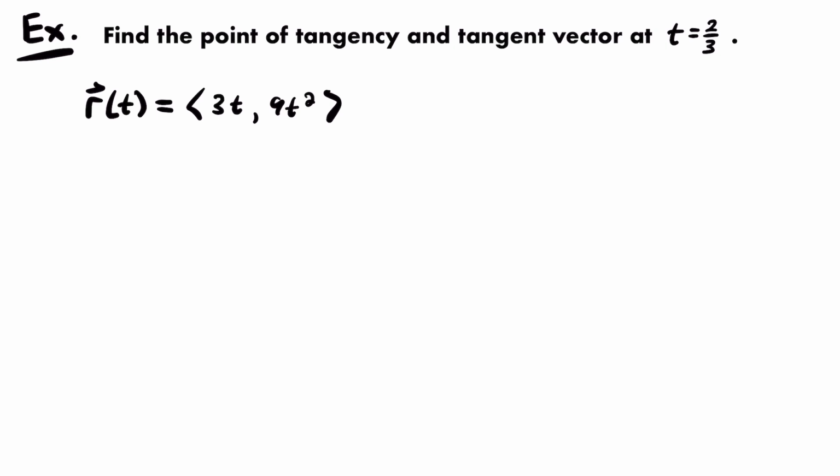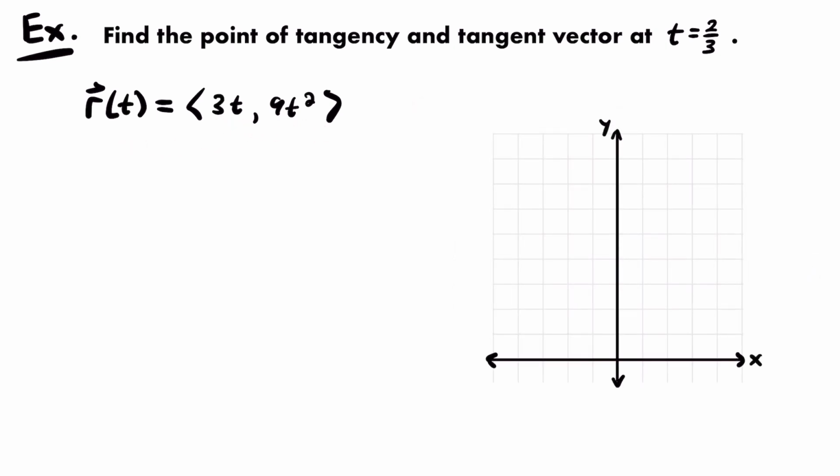To begin, let's determine what this curve will look like. From the components of the vector function, we know that x equals 3t and y equals 9t squared. We want to eliminate the parameter, and the resulting equation will help us sketch the curve.